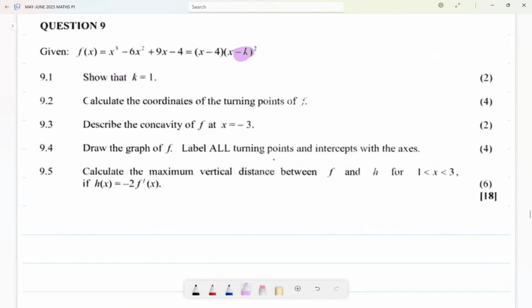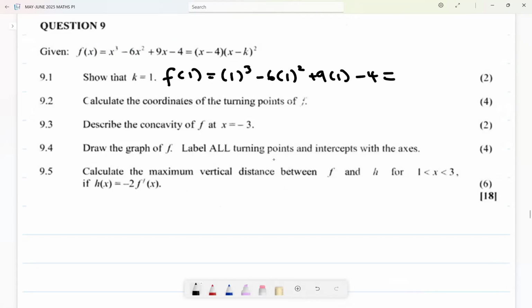If k is equal to 1, they're trying to say show that 1 is a factor. Okay, if 1 is a factor, it means that if I were to substitute it here, it will give me 0. So let me say f of 1, it is equal to what? 1 cubed minus 6 into 1 squared plus 9 into 1 minus 4.